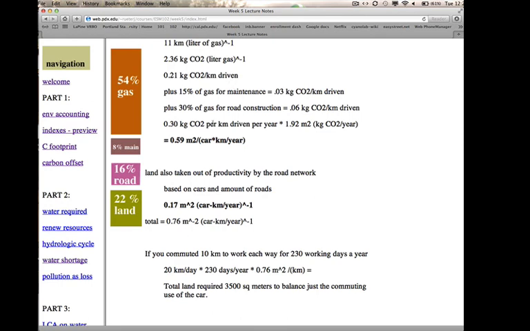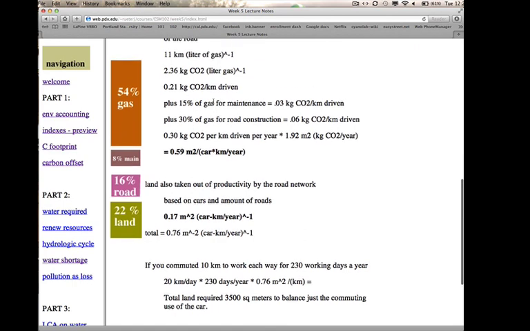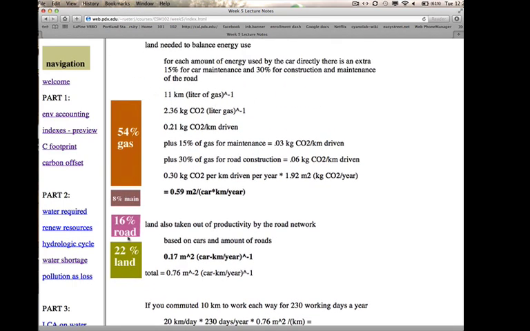You take all that information and condense it into one number, an index that people can understand, which is this footprint: the amount of land area that would be required just to balance the carbon emission from that one activity. Now, this doesn't include where we got the gas or any other air pollution issues. It's just these four things: the gas, the maintenance, building the road itself, and the land taken out of production.